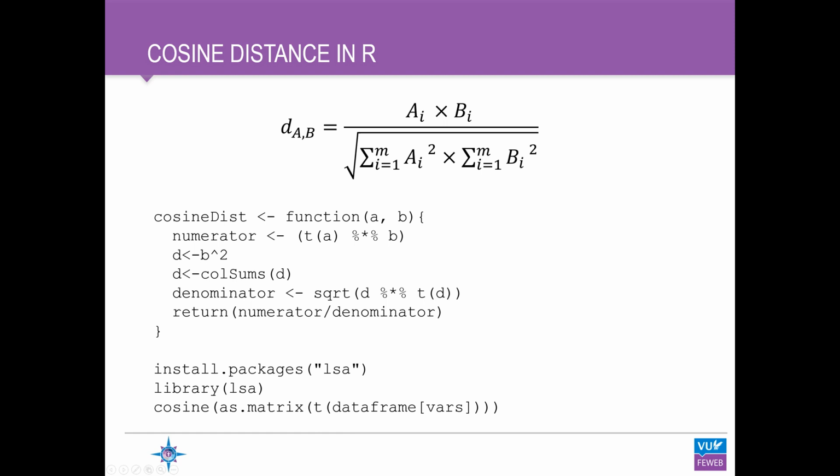These names are saved in vars, which is just a character vector, and the T stands for that we tilt it on its head. So now the vars are like the rows, and the variables, the observations, are the columns. This is necessary in order to make the distances about the observations and not about the variables.